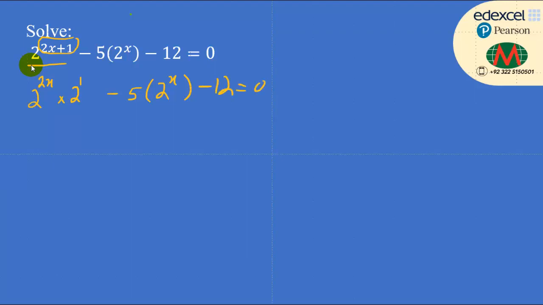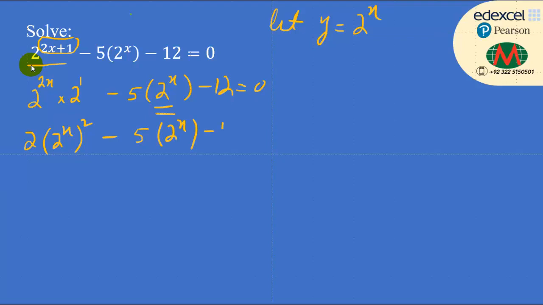And let's use a code. Let y is equal to 2^x. We should use this as a code. So this will become 2 times (2^x) whole squared, and minus 5 times 2^x, minus 12.